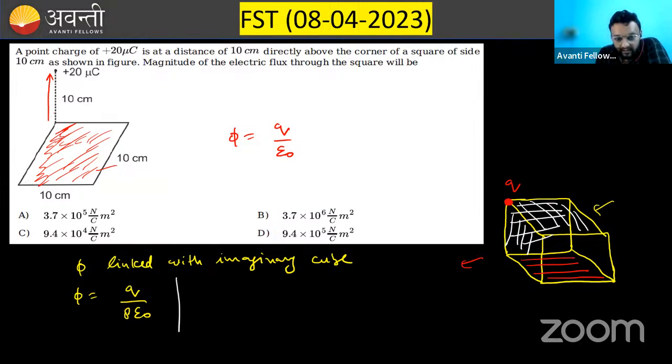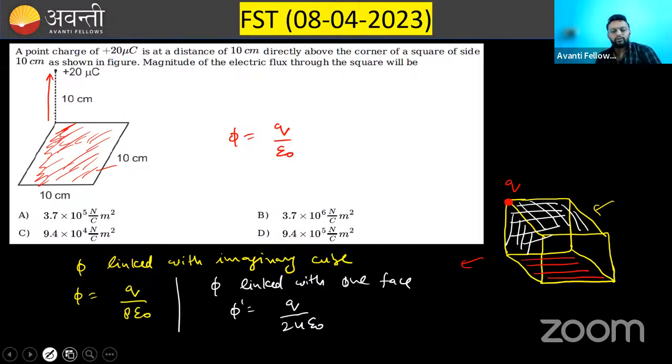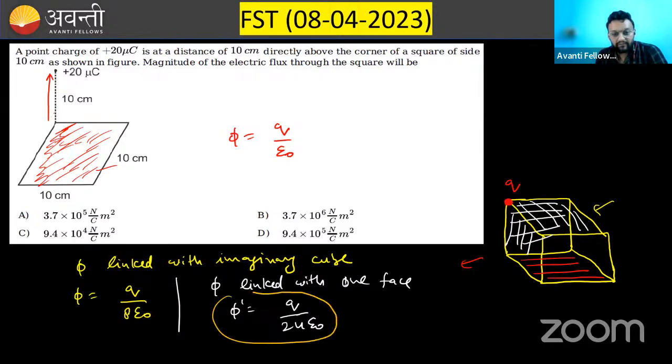So I will say the flux linked with one face, that is phi dash, is equal to Q by 24 epsilon naught. So this is going to be our answer, Q by 24 epsilon naught.